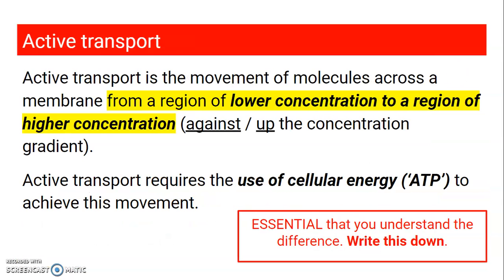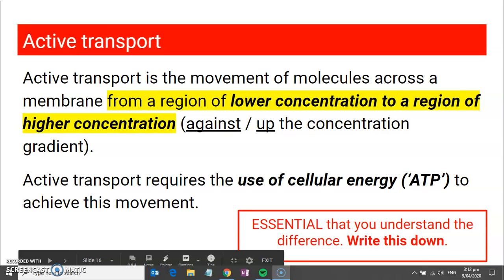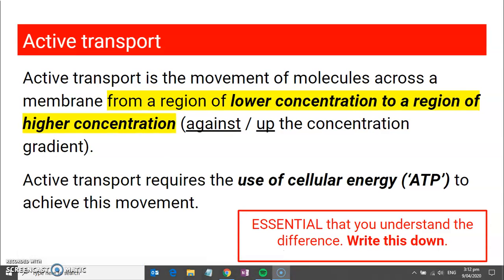It's going to have to use active transport, which is the process of moving something from an area where it is at a low concentration into an area where there is already a lot of it. This requires the use of cellular energy, or ATP. So you can use these two terms relatively interchangeably. ATP, or adenosine triphosphate, is a molecule, and it releases cellular energy. So either one of those will do.